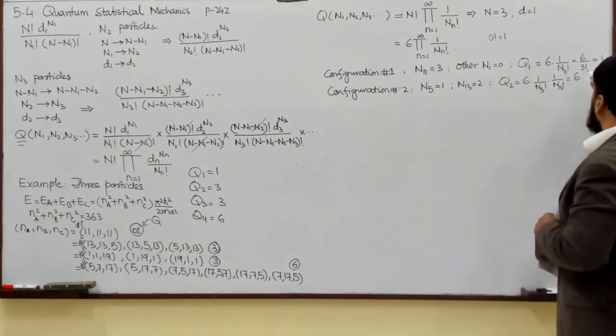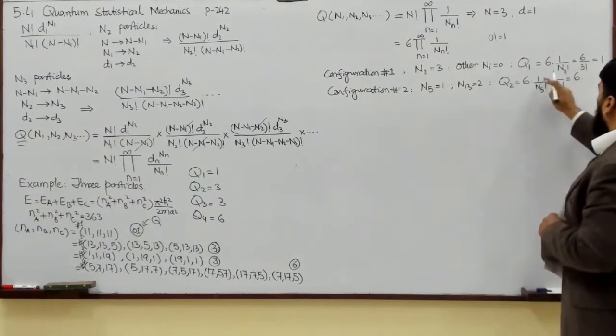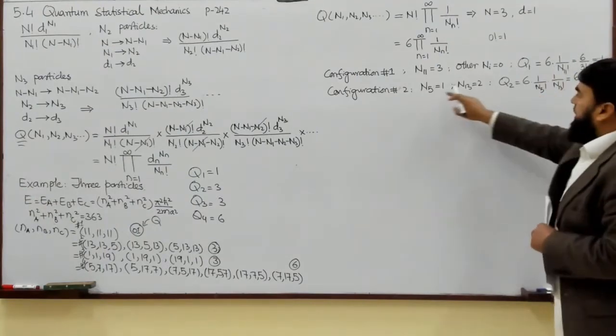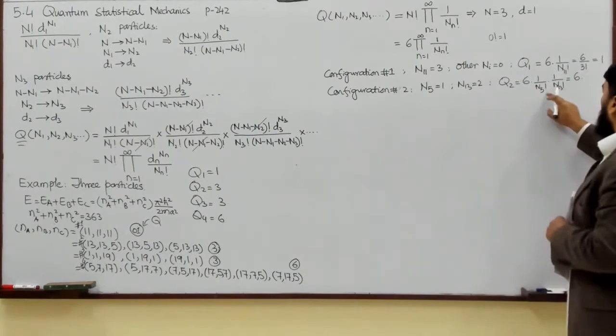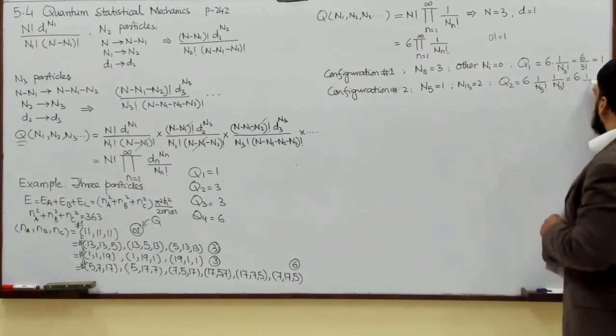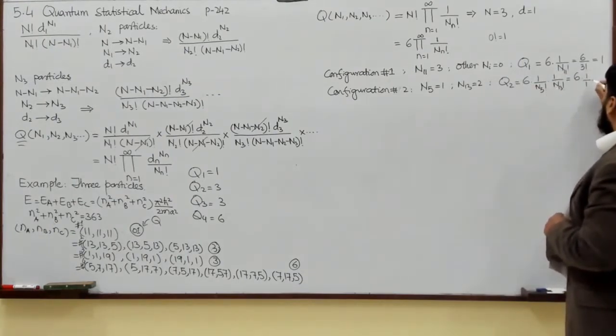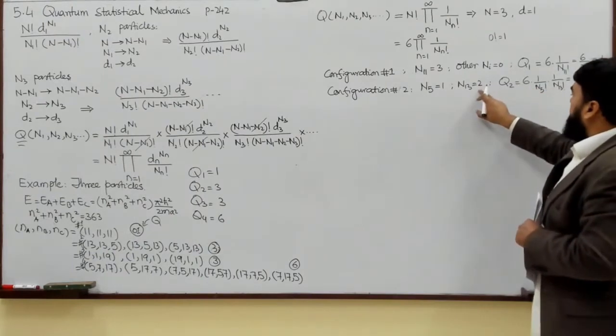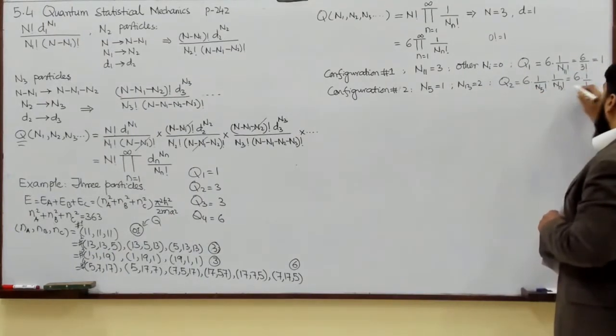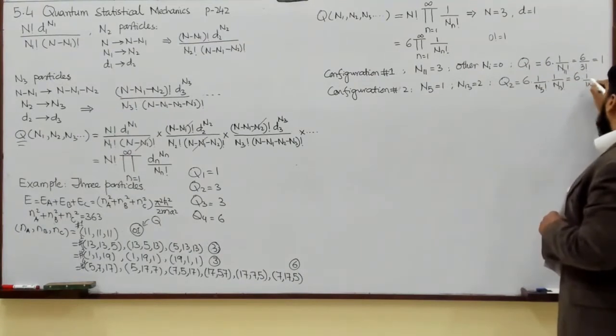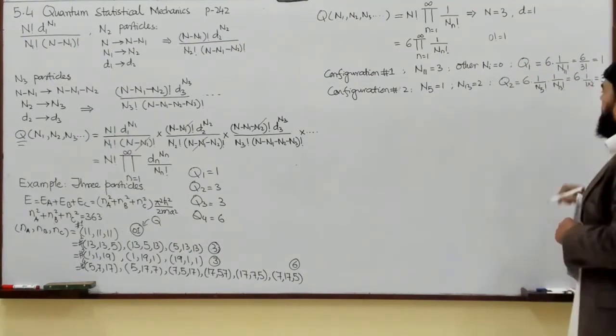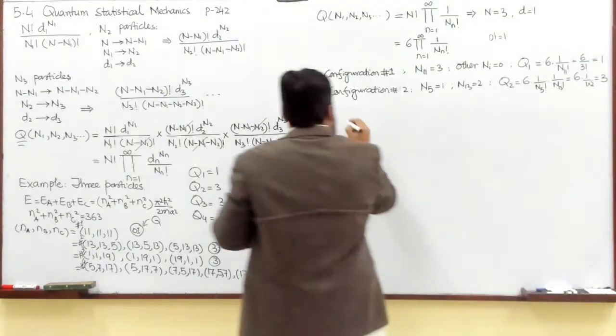So this is 6 multiplied by 1 over n5, so 1 factorial, and 1 factorial is 1, multiplied by 2 factorial, and 2 factorial is 2. So 2 and 1, 2, and simplified with this we got 3.